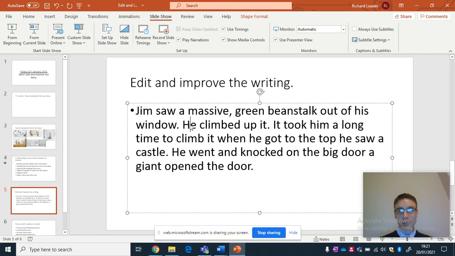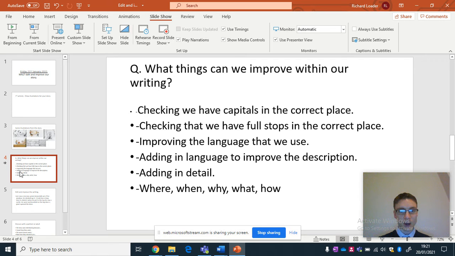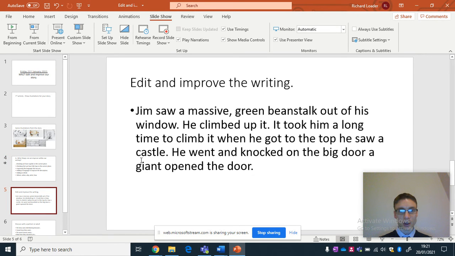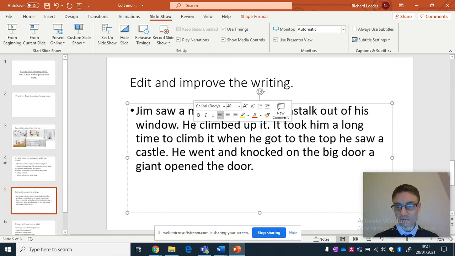He climbed up it. Now, could we add in some more detail here? Now we've got to think of those questions, haven't we? Where, when, why, what, how. So we could say he didn't just climb out. Did he reach out of his window? Did he rush out to his house?